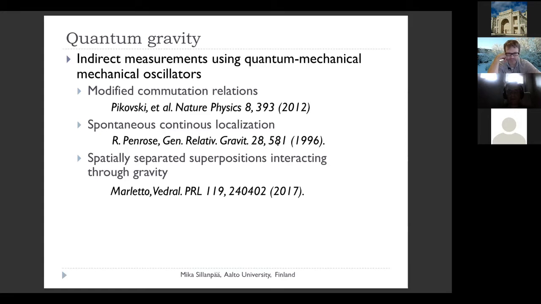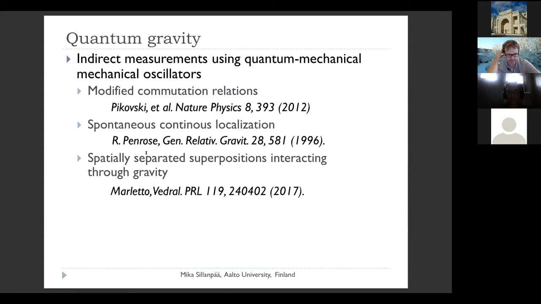And second, maybe the most famous, proposed maybe first by Penrose, that gravity could be the reason for macroscopic quantum superpositions to stop existing.